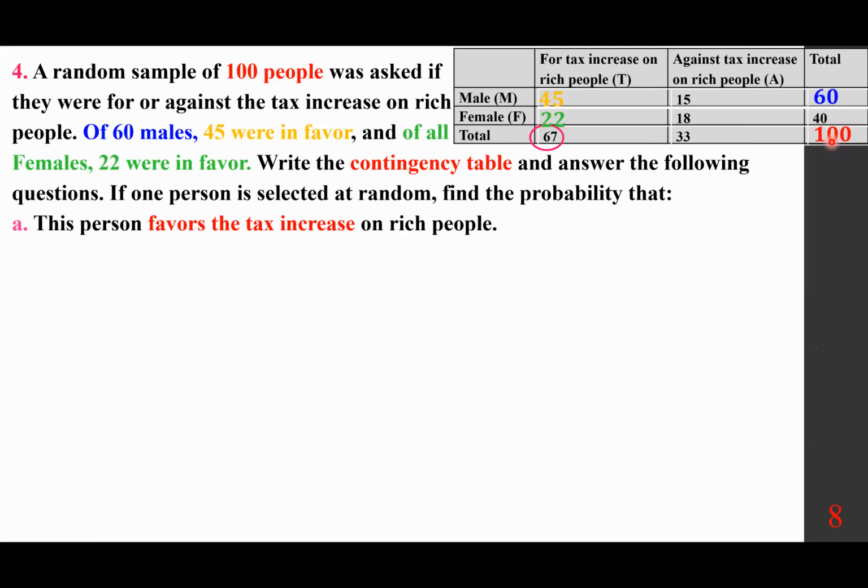So the denominator is 100, but how many are in favor? Then we look at the number that are in favor, which is the sum of these two, or 67. However, symbolically, we're going to write it as follows. n of T over n of S equals 45 plus 22 over 100, or 67 over 100.